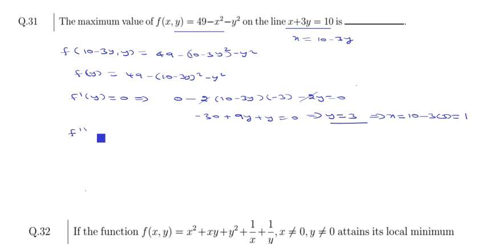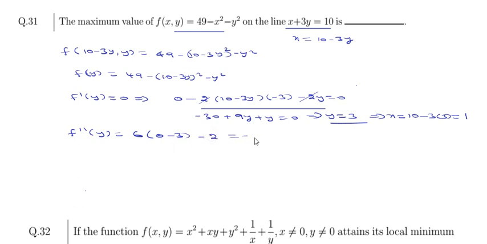So we will find f double dash of y. So f dash of y is this one. So this is our f dash of y. We differentiate once again. So we will get minus 2 times (minus 3) times (minus 3), minus 2.